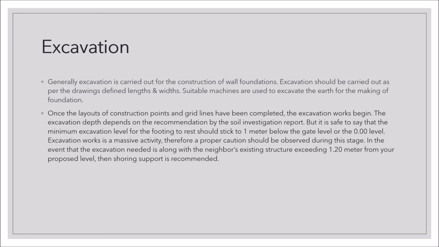Once the layout of construction points and grid lines have been completed, the excavation works will begin. The excavation depth depends on the recommendation of the soil investigation report. But it is safe to say that the minimum excavation level for the footing to rest should stick to 1 meter below the gate level or the 0 level.